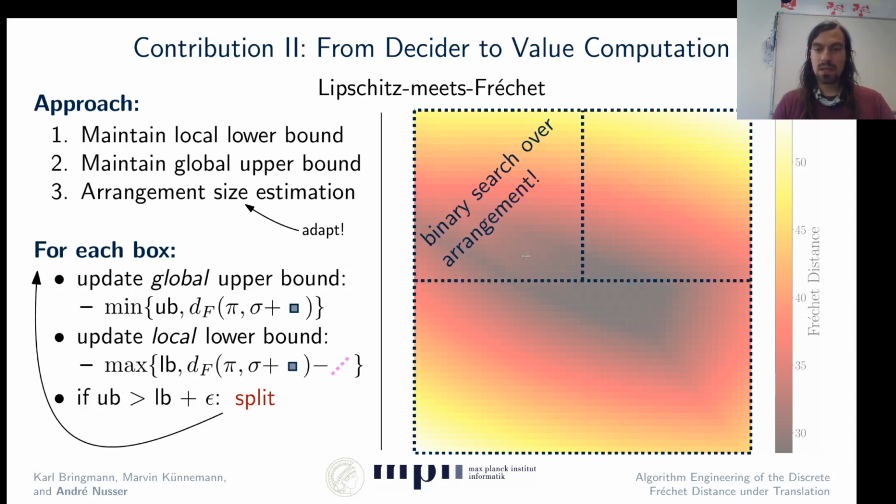So in this case, if we build the arrangement, and in the arrangement size estimation in the modified version we found out that this arrangement is small, then we still have to get the value somehow, so we do a binary search over the arrangement.